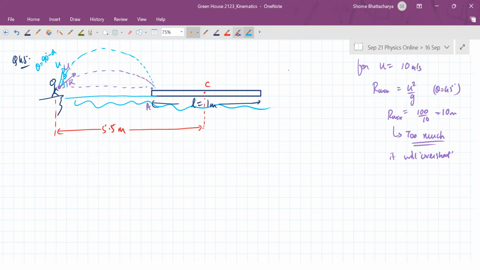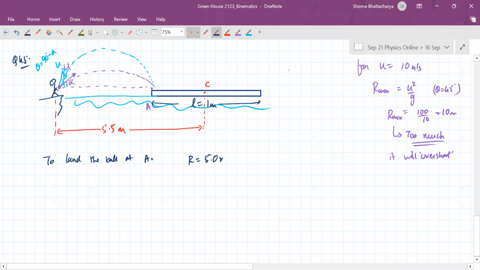So let's find out how much that alpha is. So to land the ball at E.